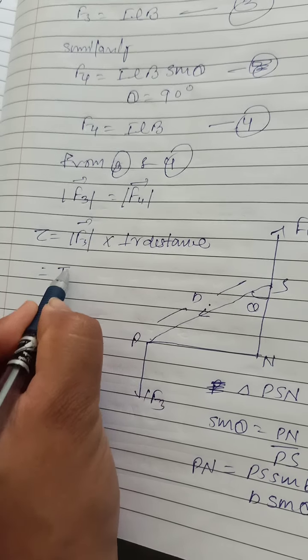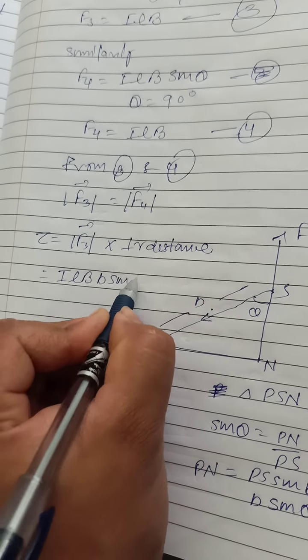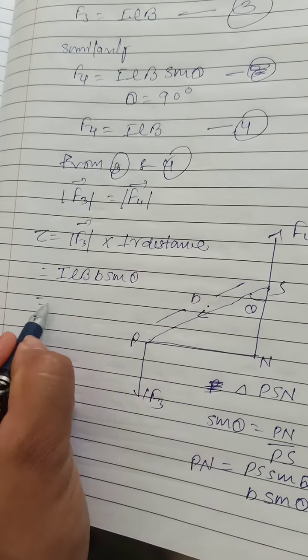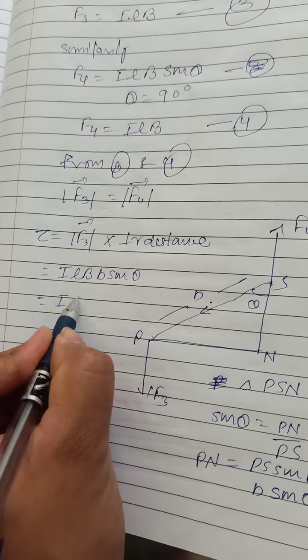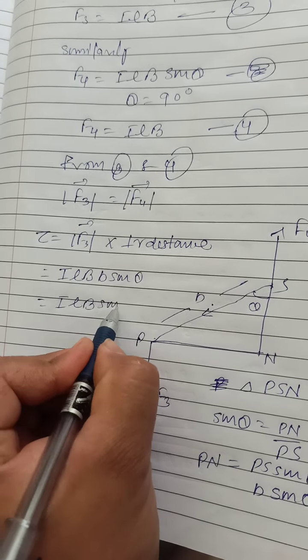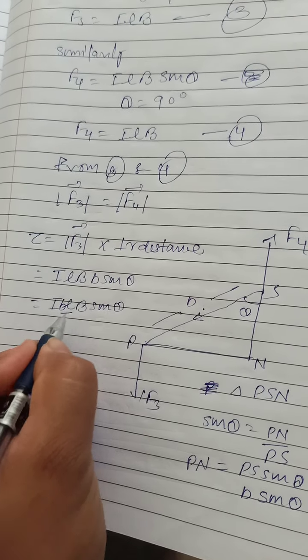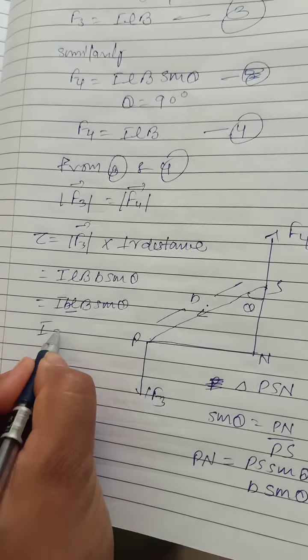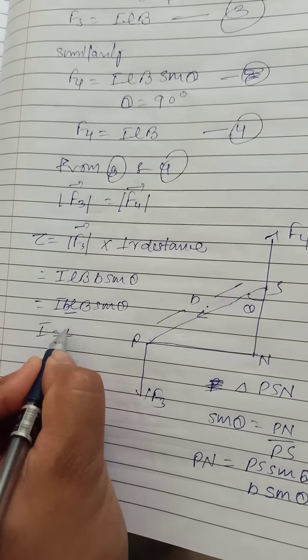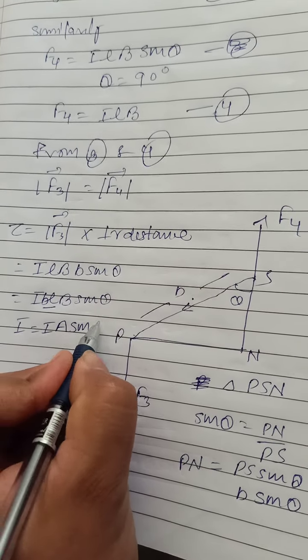Now you can put here ILB times B sine theta. So this you can write as ILB sine theta. This is B, this is area, so you can write it as IA sine theta.